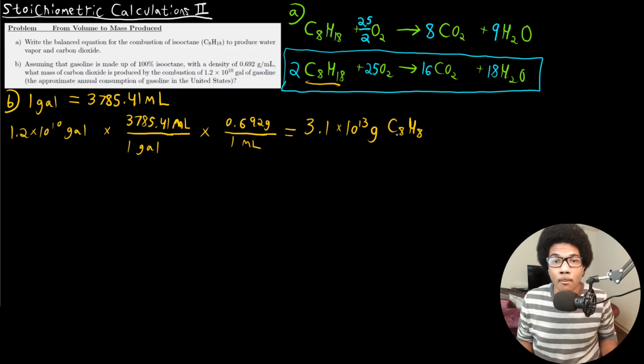So you're going to have to use the molar mass of isooctane. This is going to be 12 times 8 plus 1 times 8, right, for the atomic mass of carbon and hydrogen respectively, right? So using the molar mass to convert this guy, we have 3.1 times 10 to the 13 grams of isooctane.